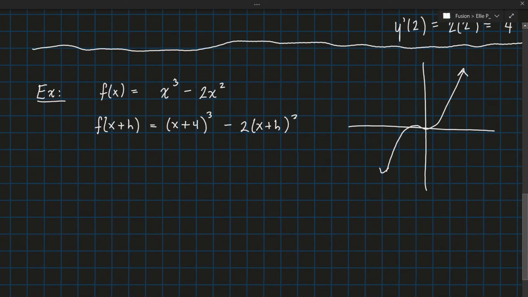Okay. So then our derivative is the limit, so h goes to 0, again, of f of x plus h.